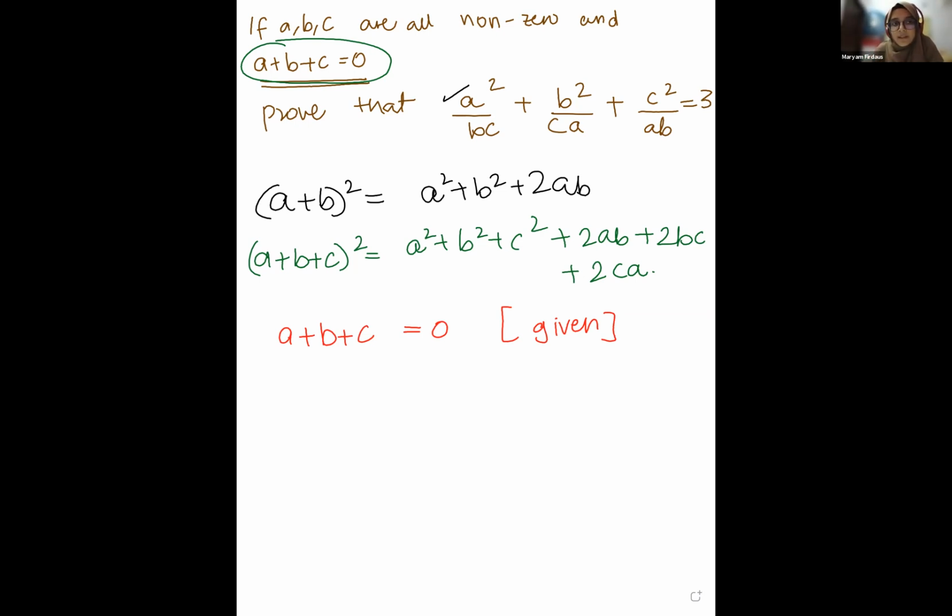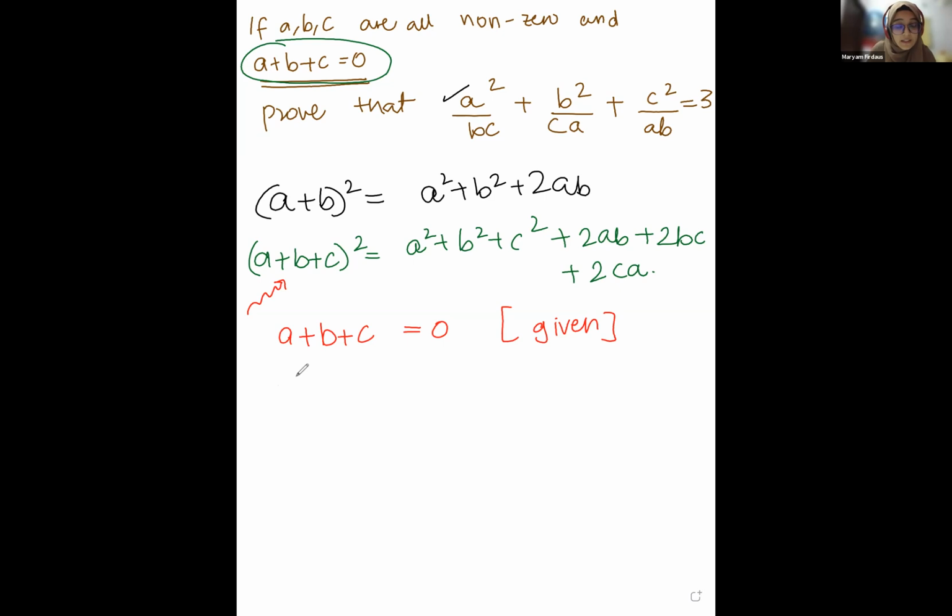Look at our identity and tell me. Ma'am, if we write instead of a plus b plus c, instead of like a square plus b square plus c square, when we sum them, it will also be 0. See, A plus B plus C is 0.